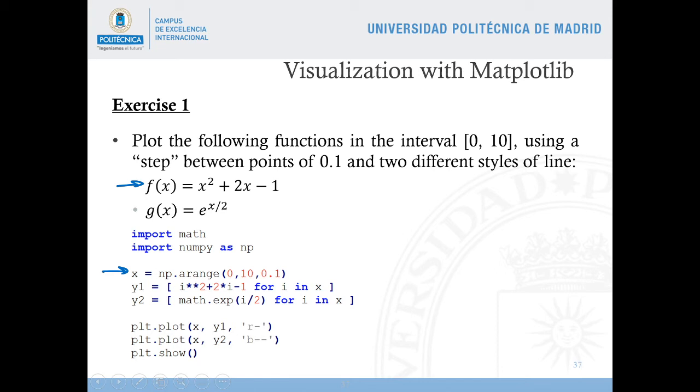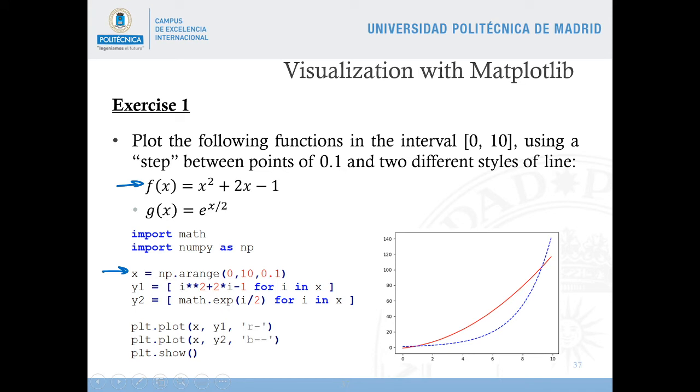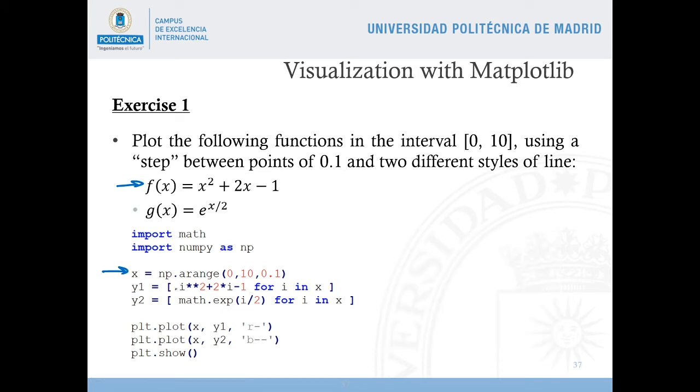We just write the function here. It's the value squared plus 2 times the value minus 1 for all the values in the array or in the list.